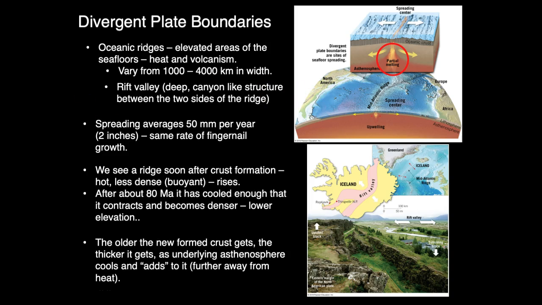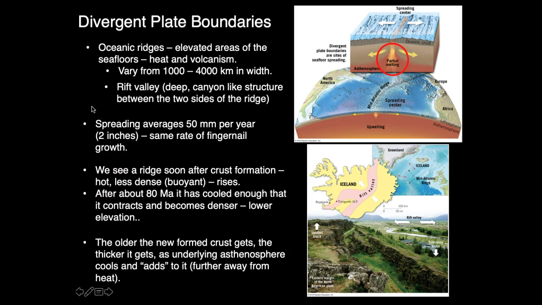So in addition, as the plate moves away from the ridge, cooling of the underlying asthenosphere causes its upper layers to become increasingly rigid. So the older the newly formed lithosphere gets, the thicker it gets as well, because it is adding material at the bottom of this lithosphere by the cooling that is occurring at the top.